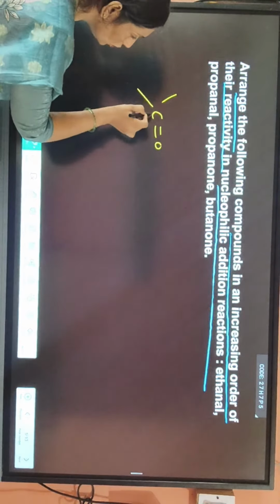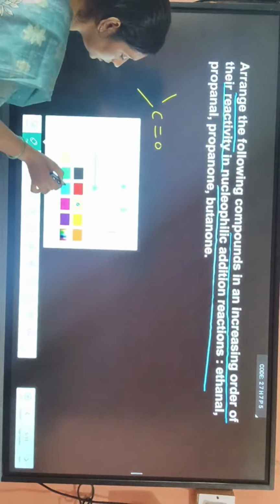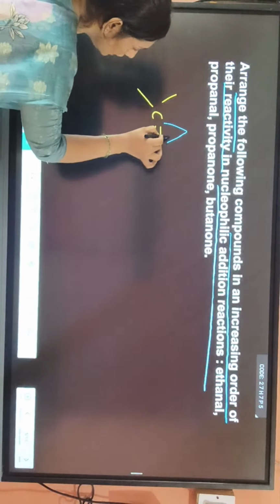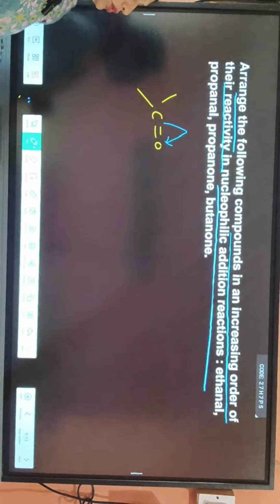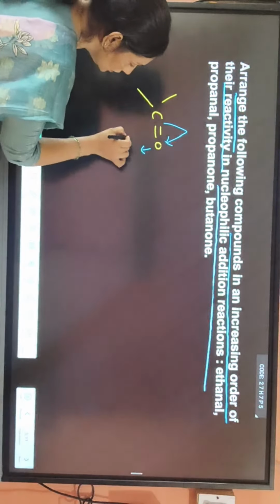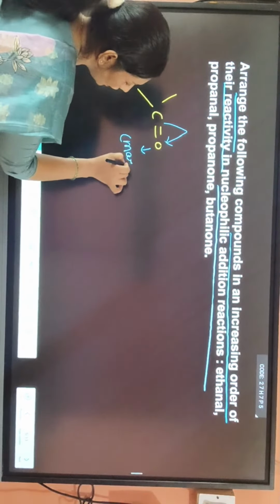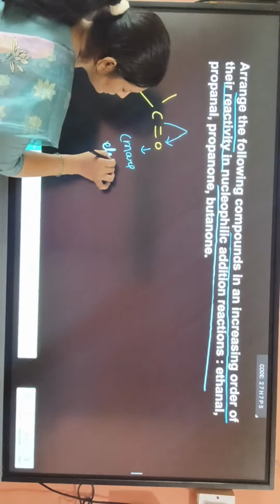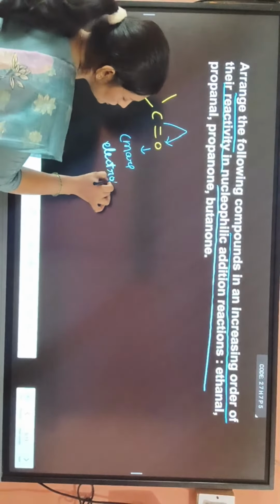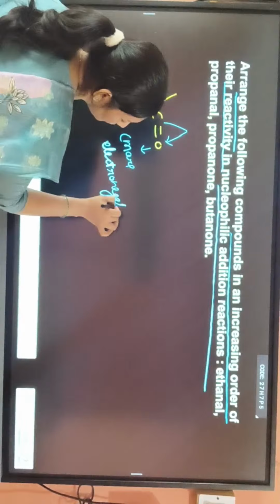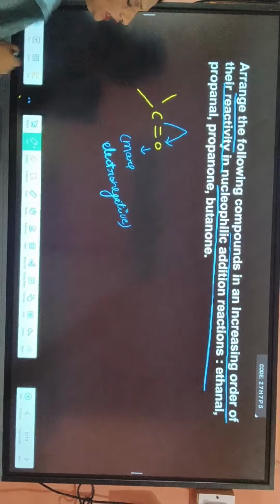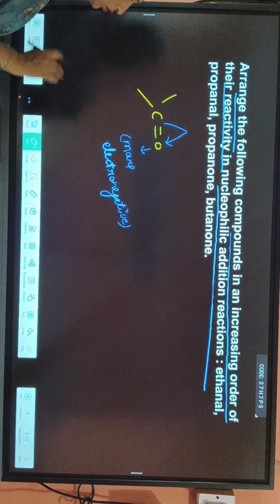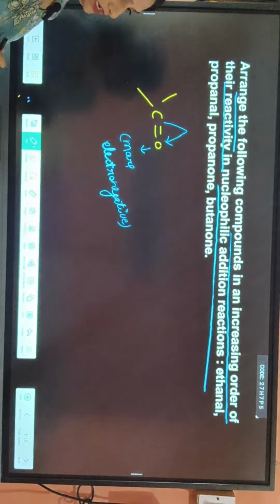Oxygen is more electronegative as compared to the carbon, so it will attract electrons towards itself, and pi electrons are also available, so it can easily take electrons.